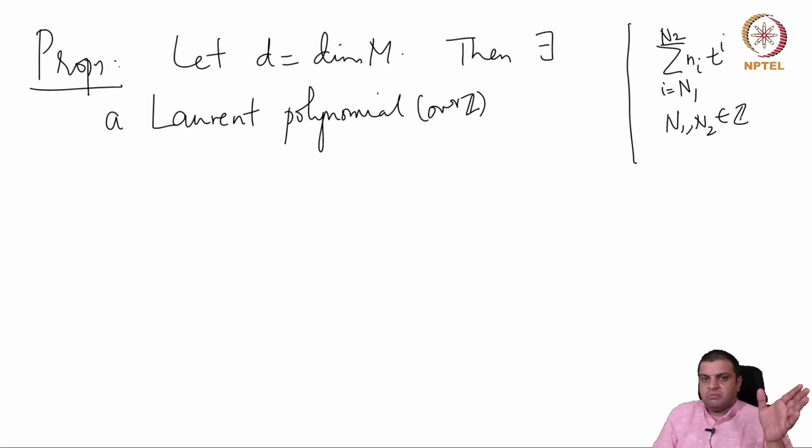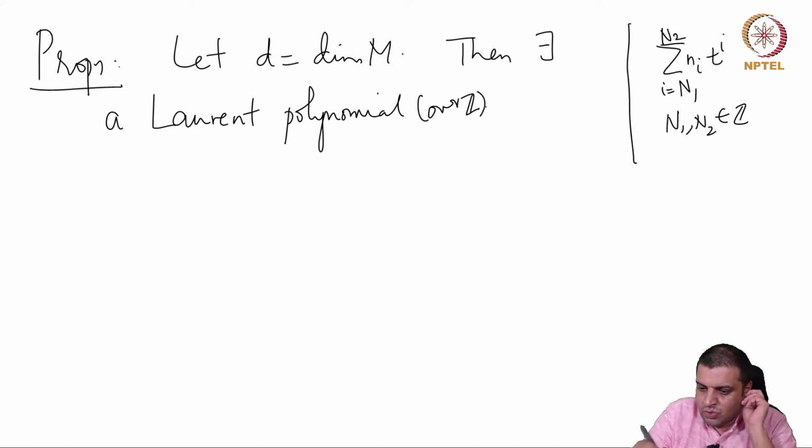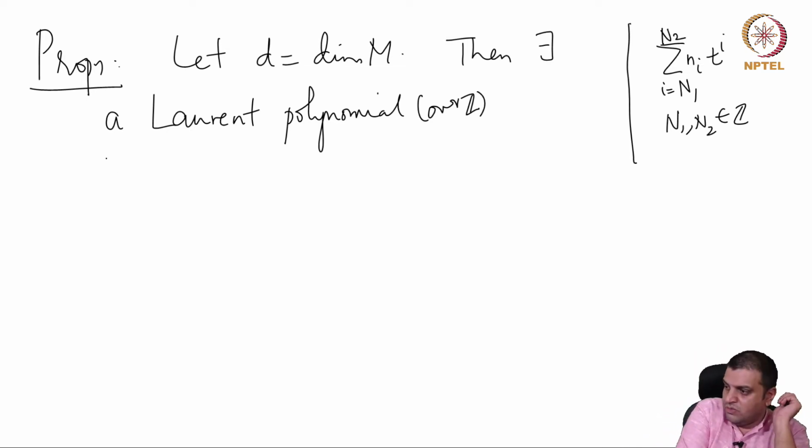Both exponents could be negative or positive, they are just integers. So it's not a polynomial, and that's why it's called a Laurent polynomial. It is over Z, and we will denote it by Q_M(t).